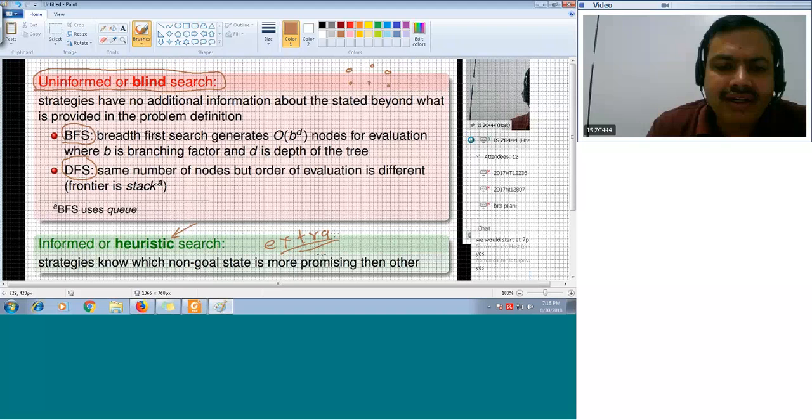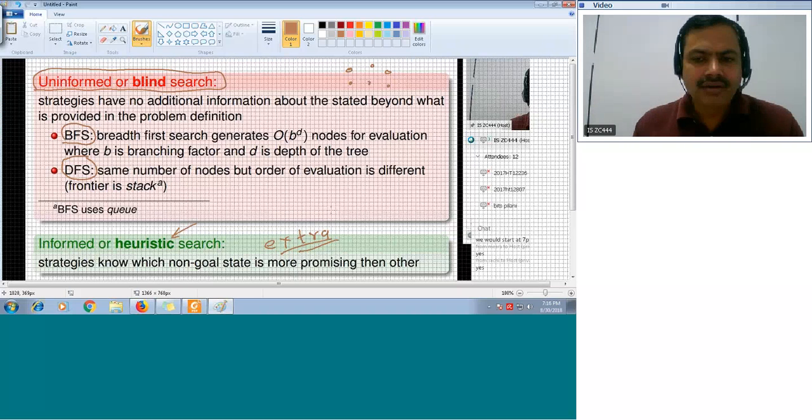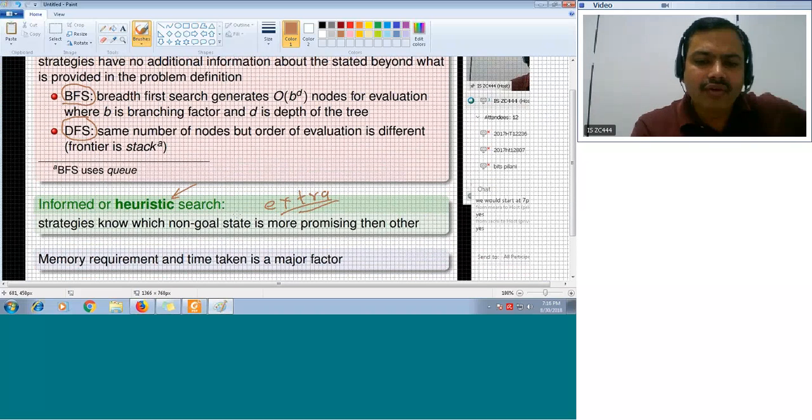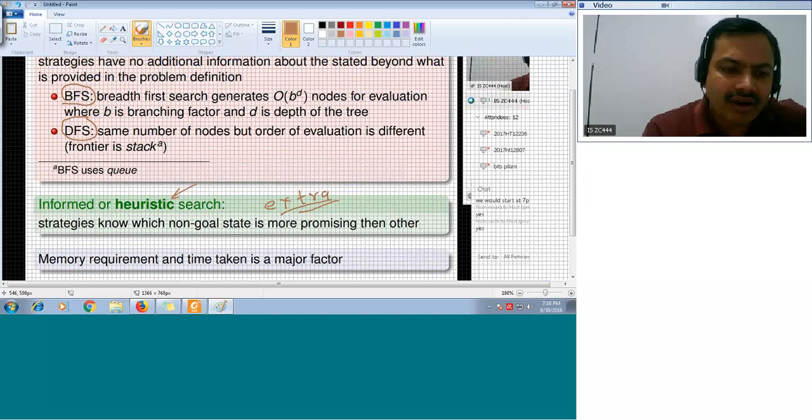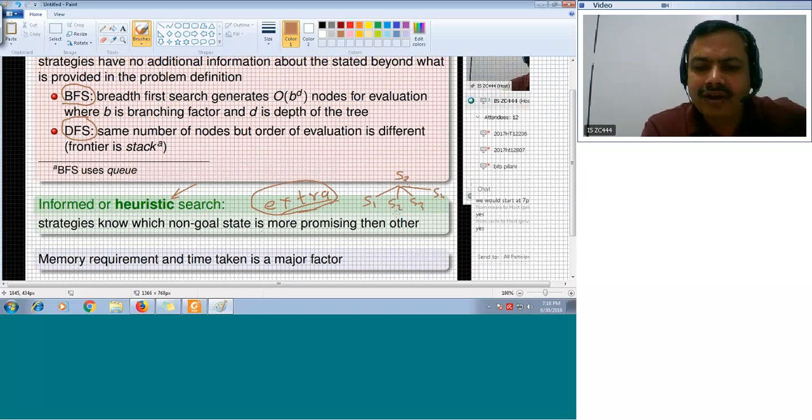Okay, where this extra information comes from, I'm not talking about. That is a different part we would be discussing later. Today our focus is only that in the informed search category there is some extra information, and that information can be used to find out, if you are in some state, say X, and there are some other states S1, S2, S3, S4, you can compare two states.